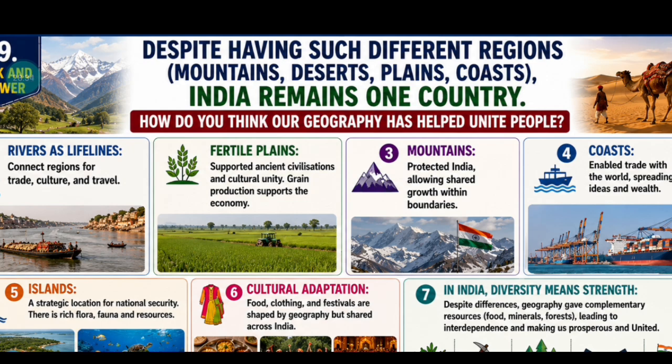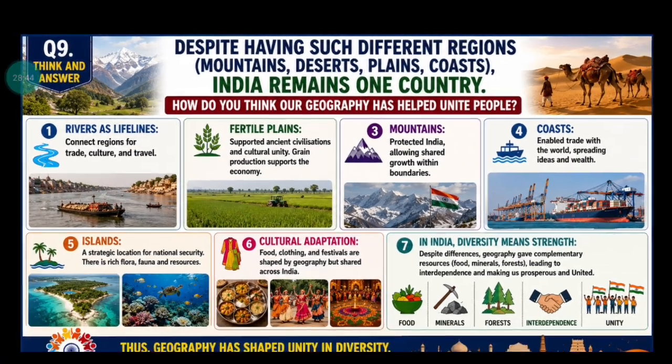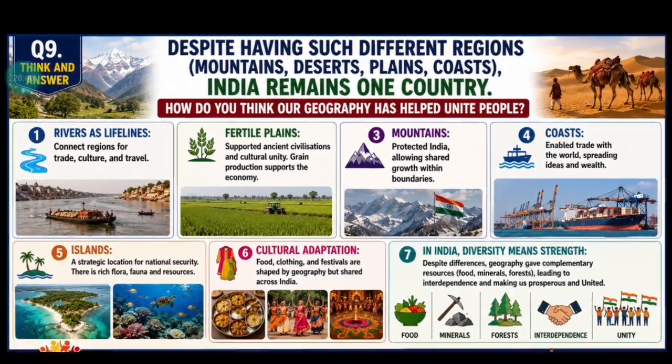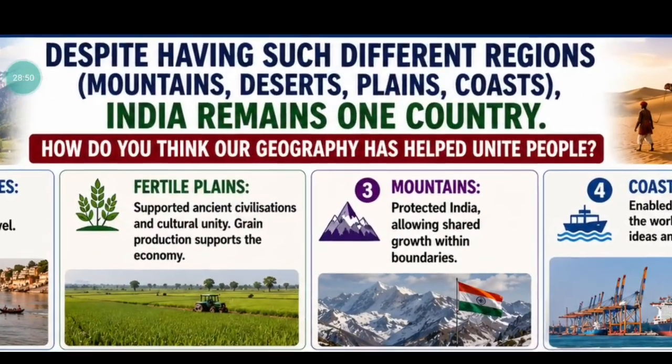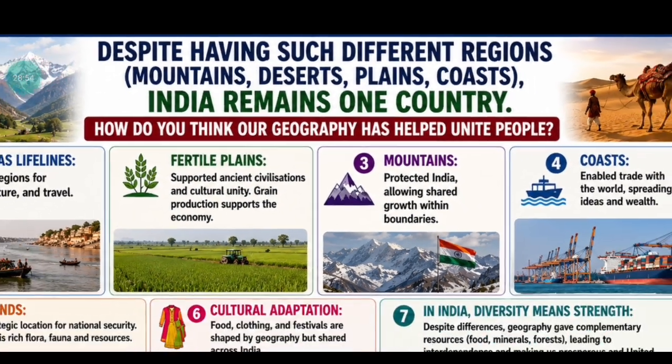So there is great diversity in our physical features, even in our culture, in our languages, in our lifestyle, in our food, in our dressing sense. But then also we are a great united country, right? So we need to explain how great geographical diversity helped unite people.